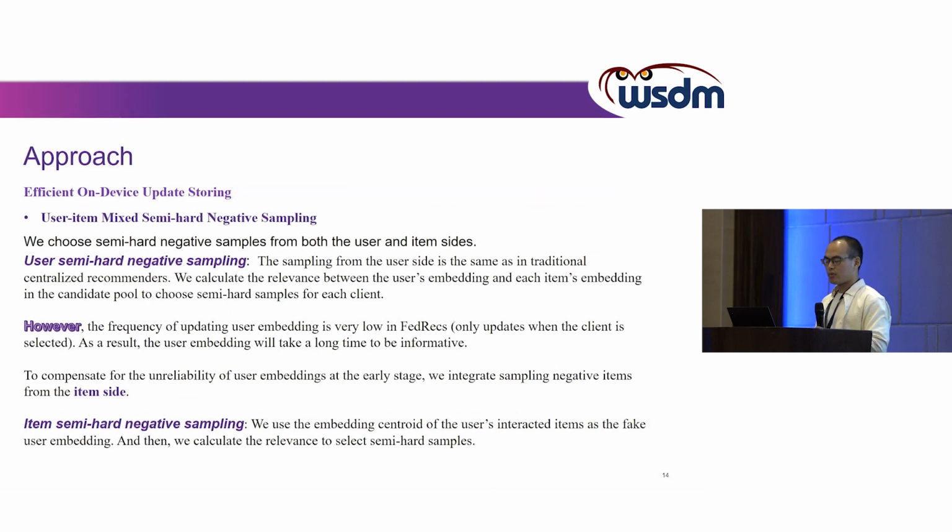So the user embedding will take a long time to become informative. So before they become informative, we use the item semi-hard negative sampling method to search for the hard samples. That means we use the center of the user's interacted item embeddings as the fake user embedding to search for the hard samples.